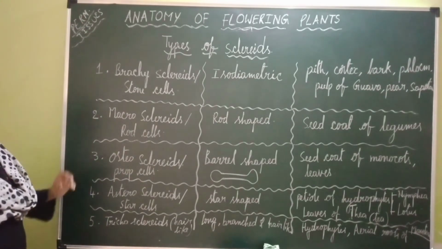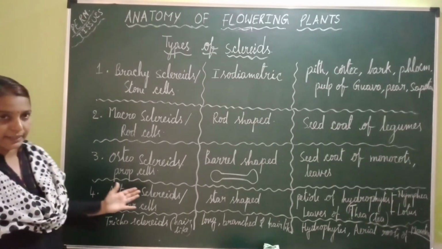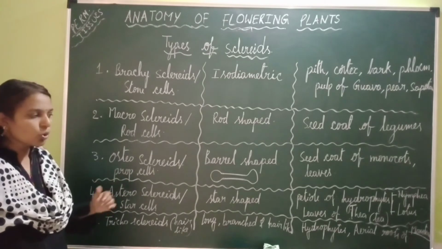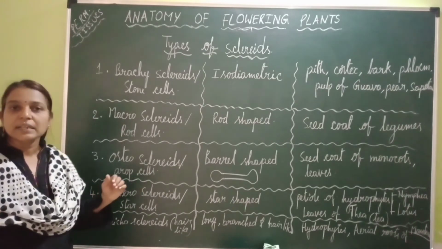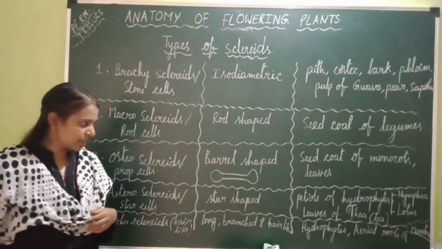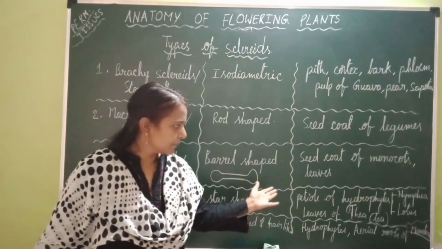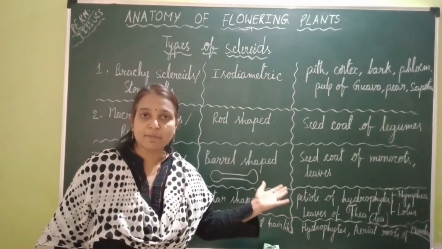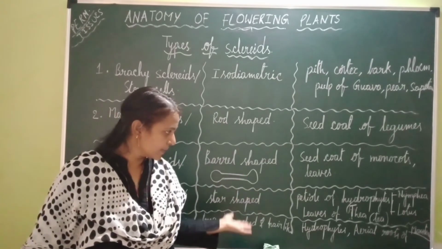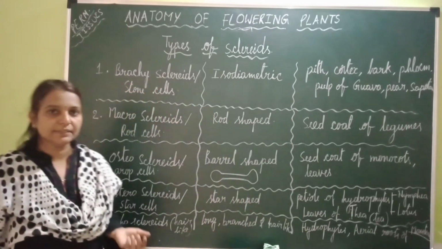The fourth type is asterosclerids. These are star shaped, hence also called star cells. They are present in the petioles of hydrophytes like nymphaea and lotus, and in tea leaves.